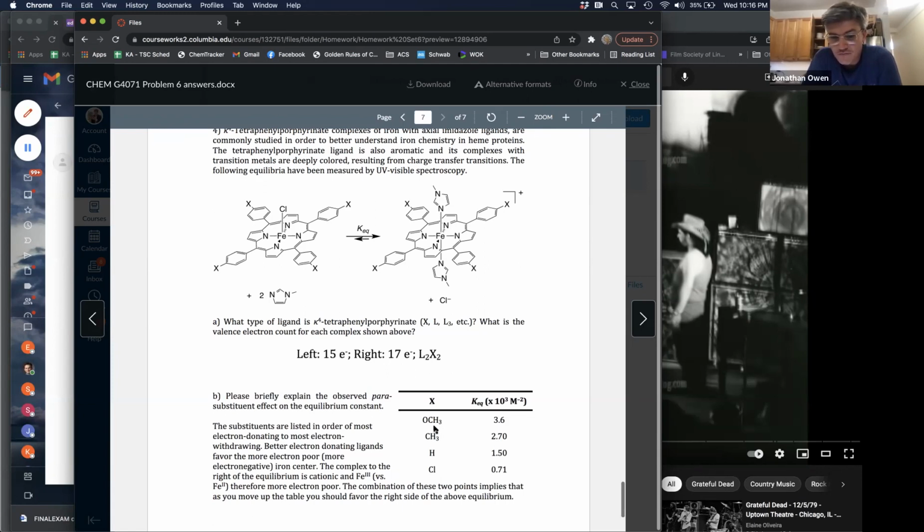This is a factor of 7, so that's about 1 kcal per mole difference in the energy of this equilibrium as you change the substituent. That's not a whole lot.